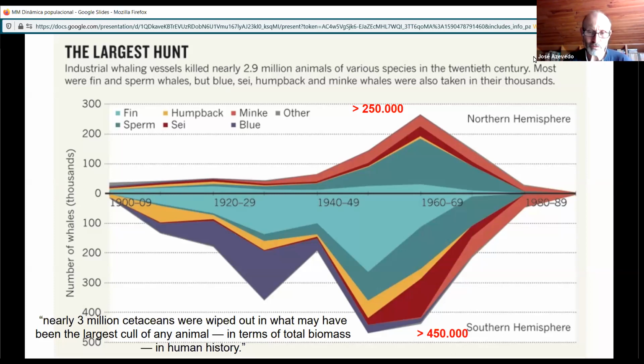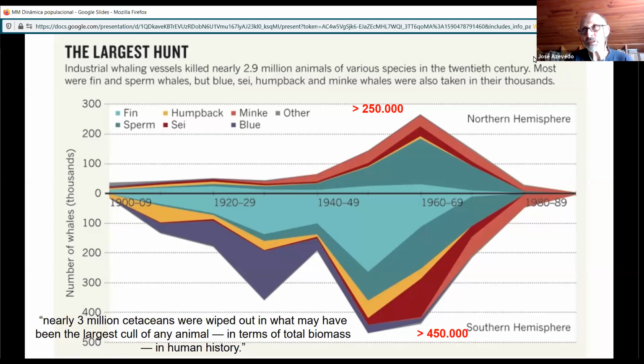In the peak of the season, more than 400,000 whales were killed per decade, more than 40,000 whales killed per year. Overall, nearly 3 million cetaceans were killed, in the largest hunt ever in human history.